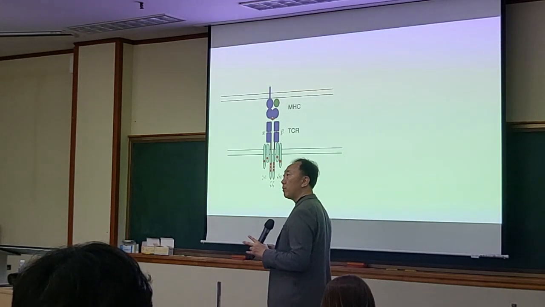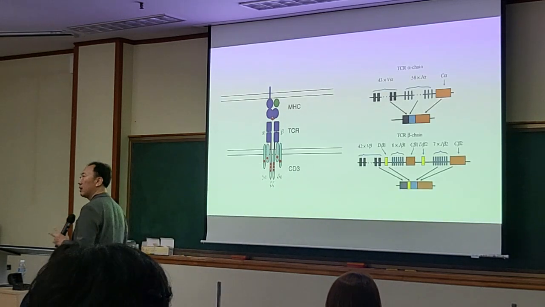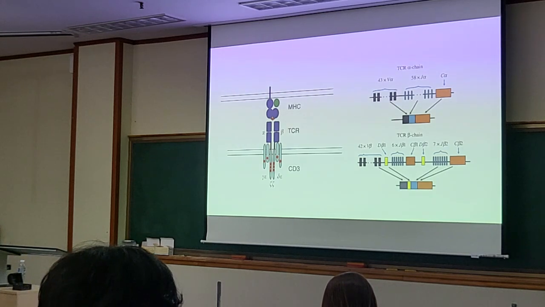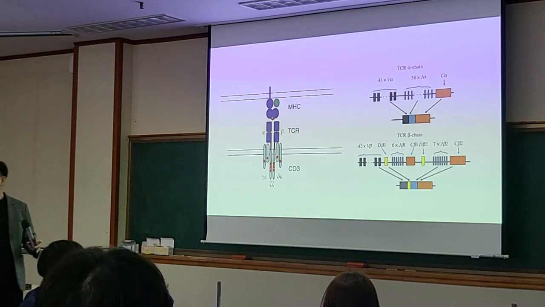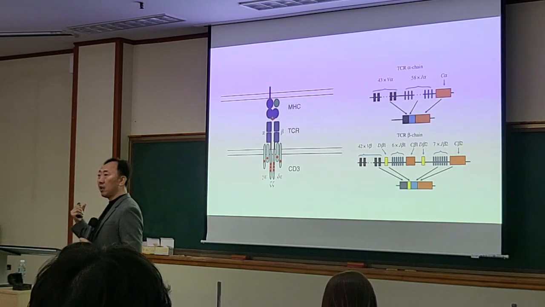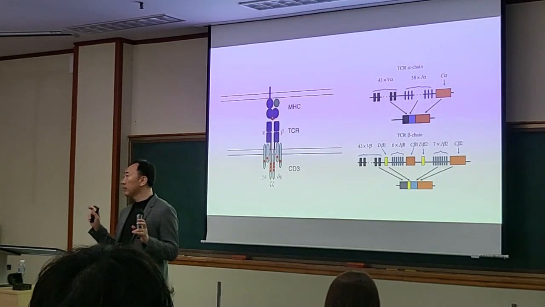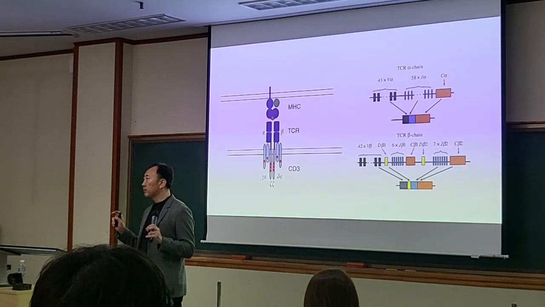How does the T cell receptor recognize different antigens? It looks very similar to what? Antibodies. Antibodies have this kind of recombination to make different paratopes. The T cells have exactly the same system, both CD4 and CD8 cells.